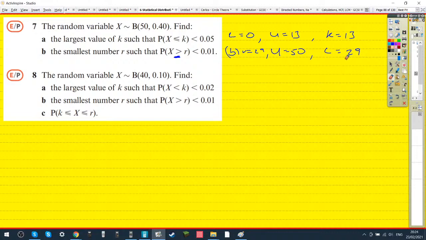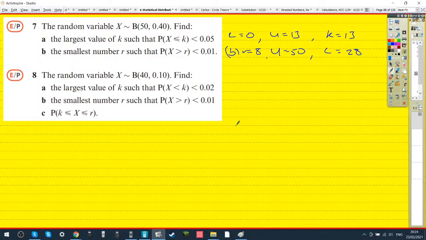So the lower 0, the upper is 40, the numerator is 40, and the probability is 0.1. Right. And then we guess. So what is it that you guess for this one?